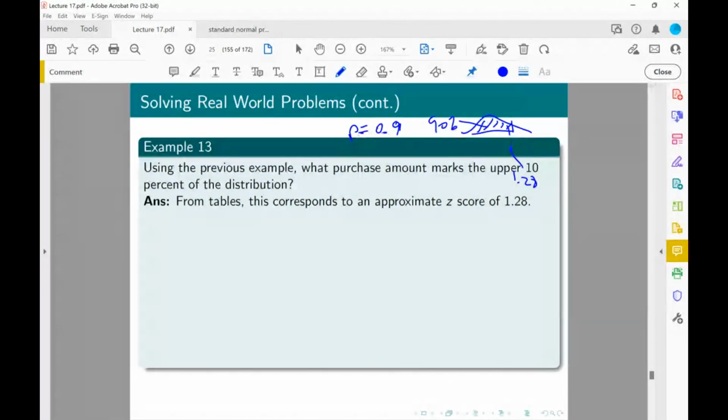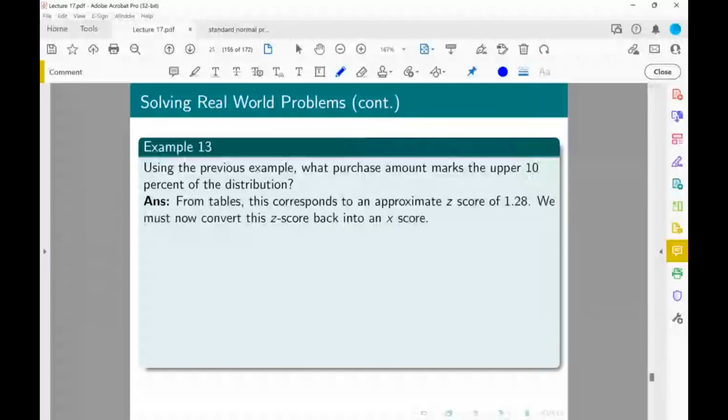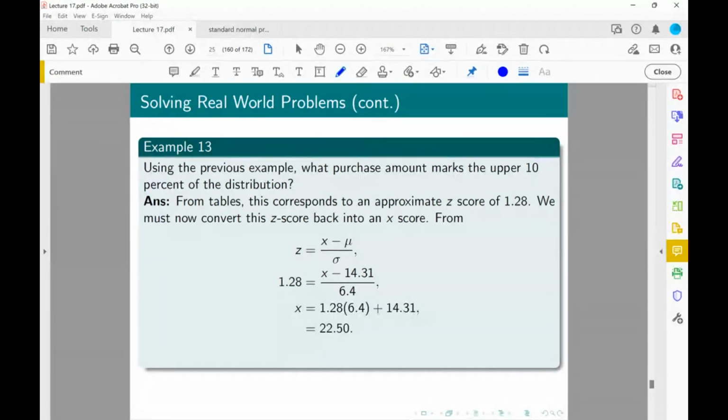That should give us a Z score of 1.28, which means we want to work out the X score, the actual purchase amount, that corresponds to the Z score, and then we just solve backwards. We know our Z score from this formula should be 1.28. So we solve backwards to find our X score. We multiply by the standard deviation and add the mean, which is going to give us 22.5.